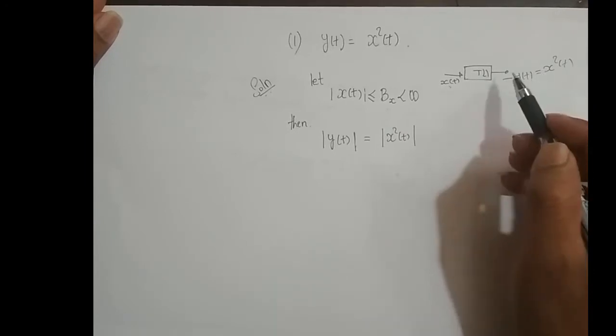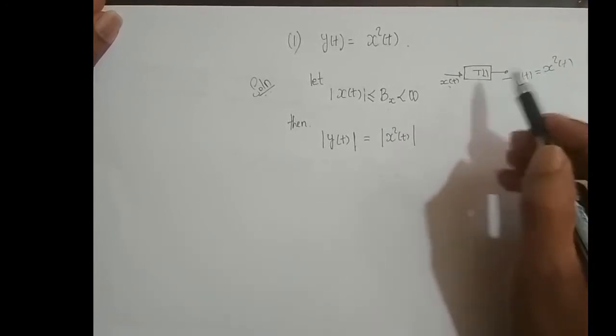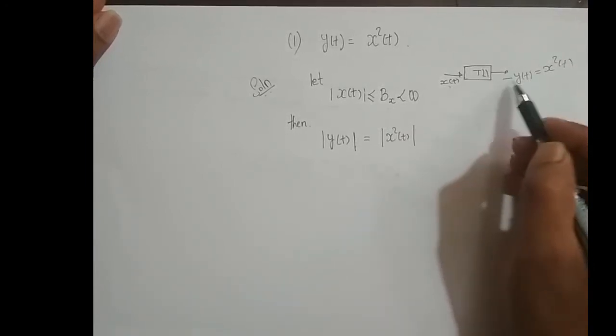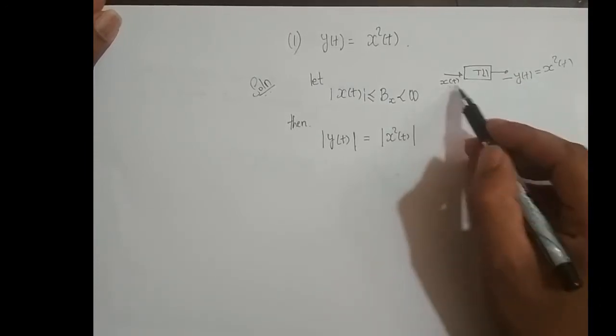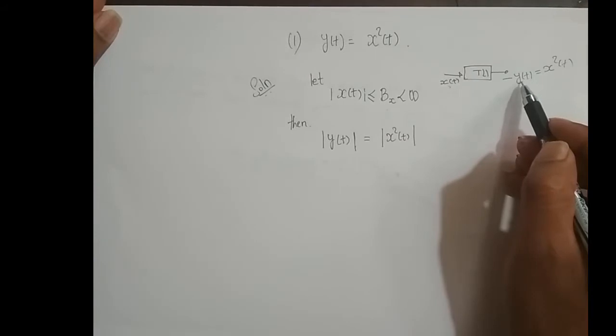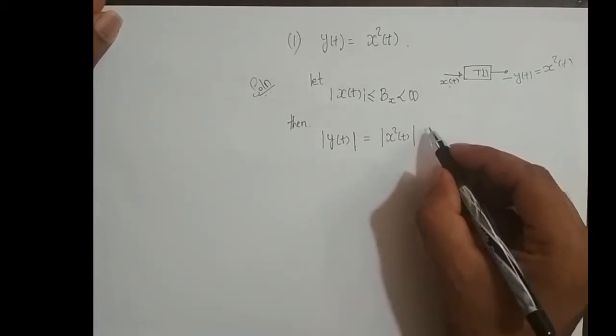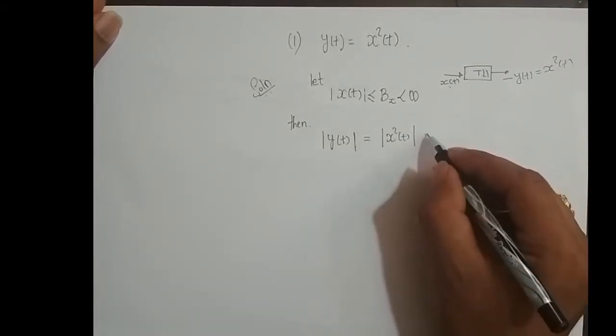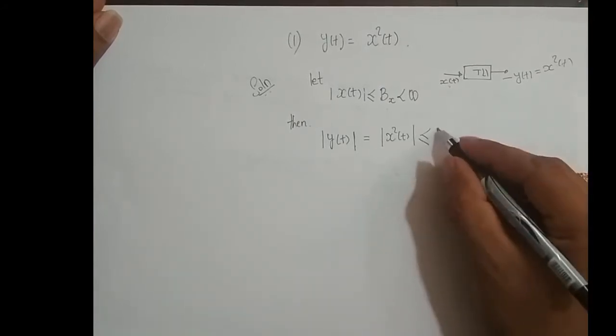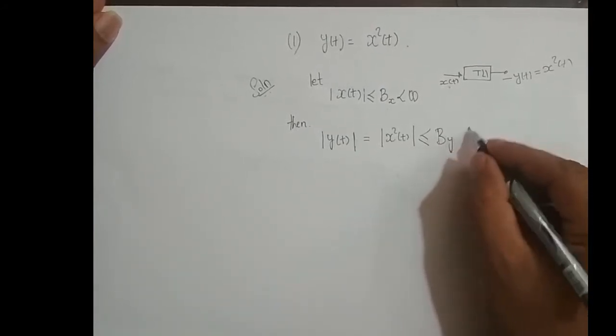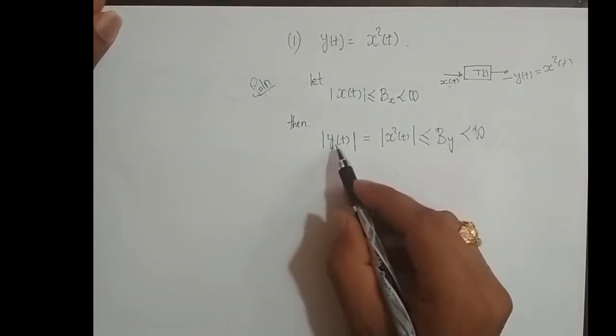Correct now? So shall we claim that the output from the system is bounded? So for every bounded input I am getting bounded output, right?